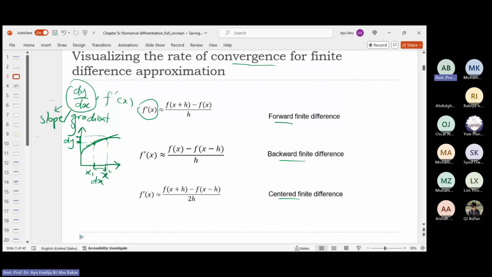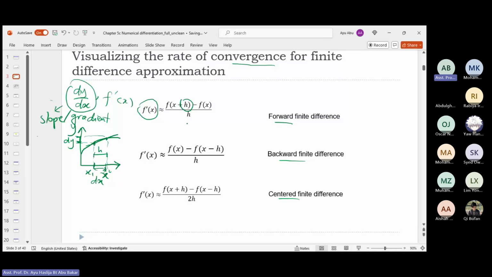That's how this equation comes in: f(x plus h). h here is the step size. Remember we came across it in the previous topic, h is the step size. x2 minus x1 is the h.